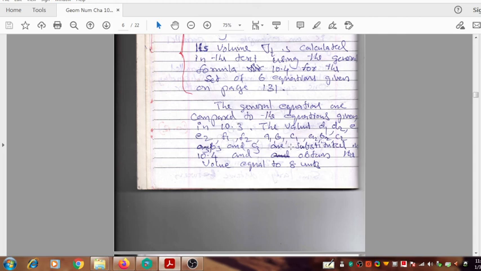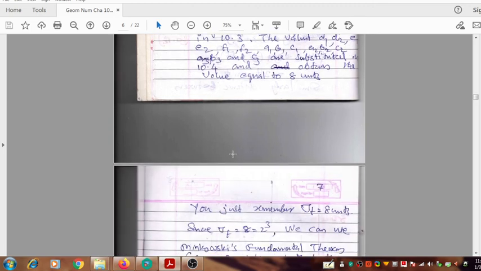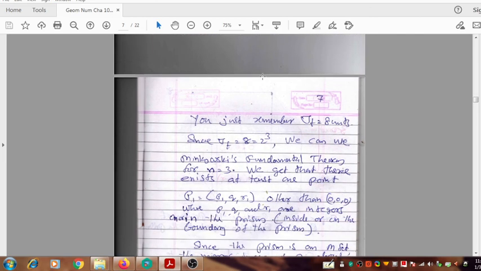In 10.3, the values d1, d2, e1, e2, f1, f2, and a1, b1, c1, a2, b2, c2, then a3, b3, c3, are all substituted in equation 10.4, and we obtain the volume of the prism. Here our object is the prism, and we obtain the volume of the prism equal to 8 units.